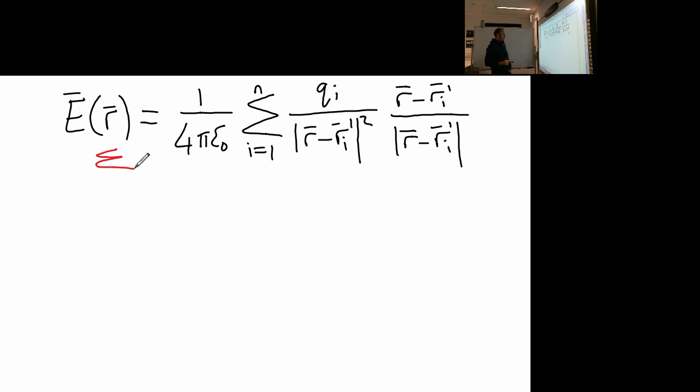We can also, if we were to plot out the field lines, suppose we have some positive charge here. Okay, let's say this is a plus Q. The electric field is going to be pointing away from it.